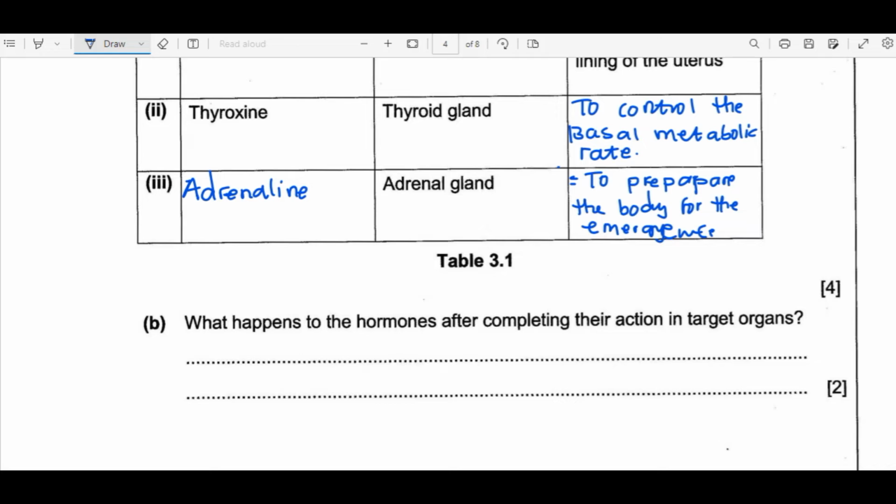Then for question B, what happens to the hormone after completing their action in targeted organs? A targeted organ is an organ where the hormone has its influence.